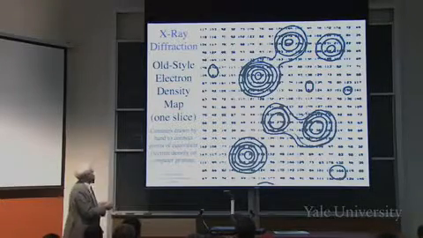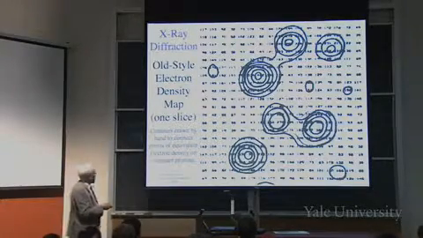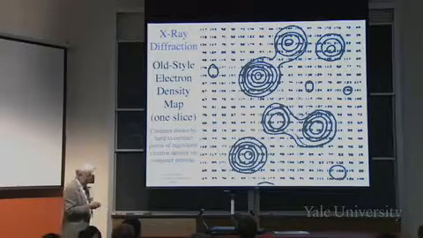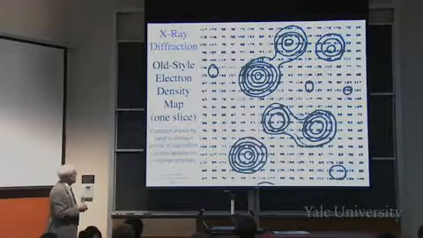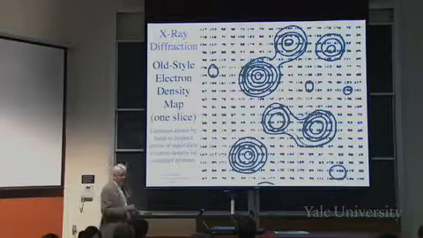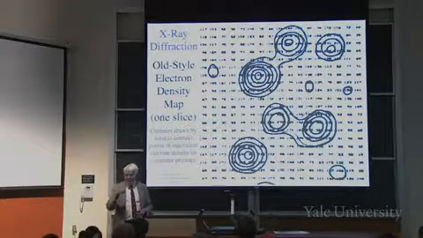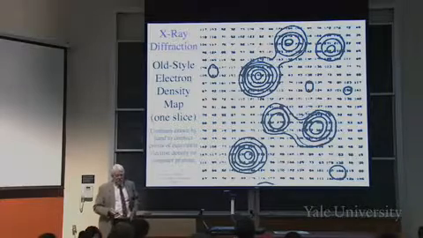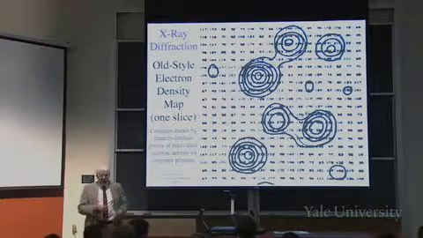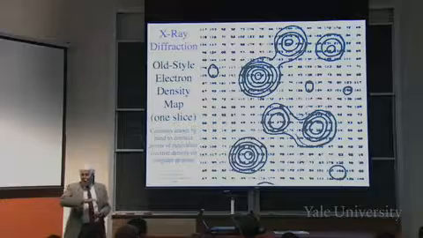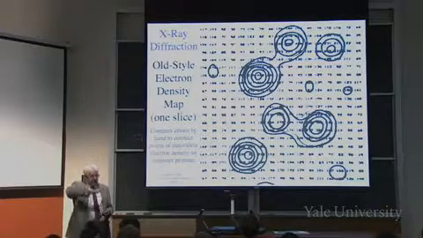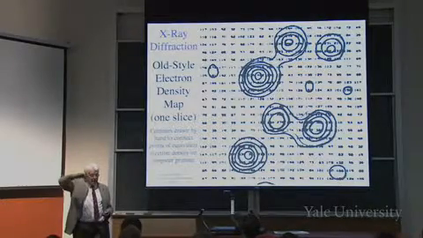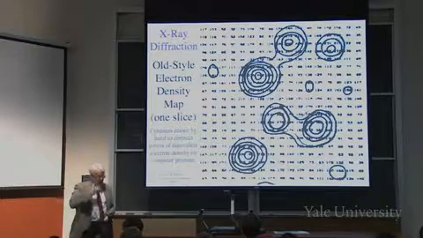And here's where that was done for a particular compound. This is taken from a book written at that time by Stout and Jensen. And you drew these by hand because you didn't have a computer that could figure out where to draw it. So here were atoms in a particular crystal structure. Then you had a whole bunch of sheets of paper for different slices through the electron density. Stack them up, right?